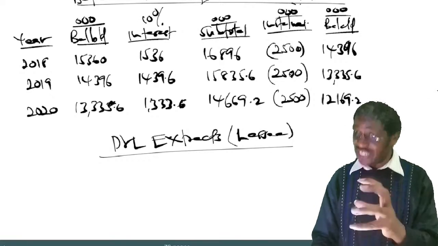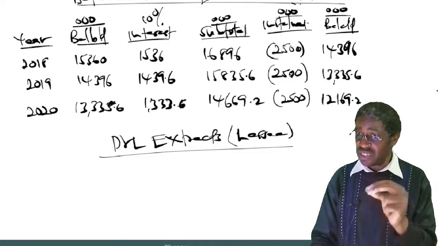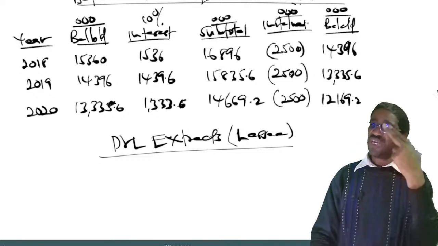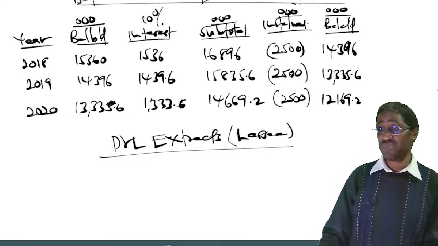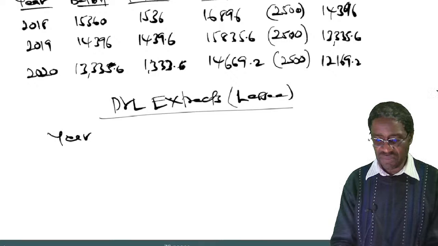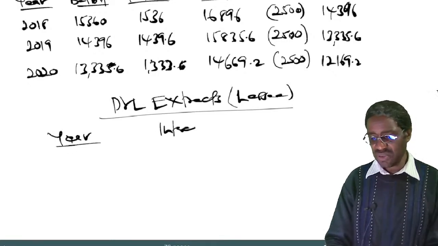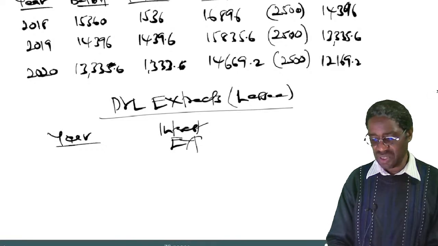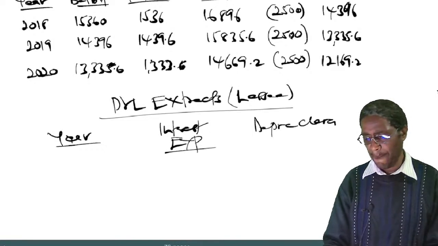So that right of use asset is being depreciated. He's also recognizing a liability, which is being charged interest. So 2 things will appear in the income statement of the lessee. So have a column for the year. Have a column for interest expense. And have a column for depreciation charge.